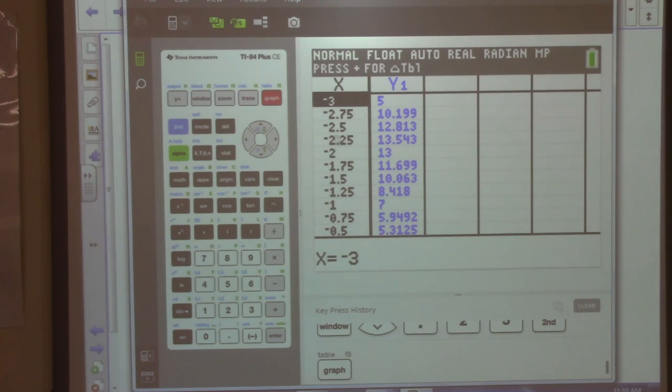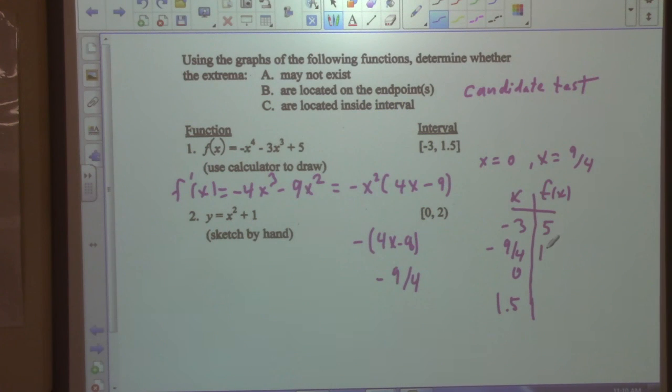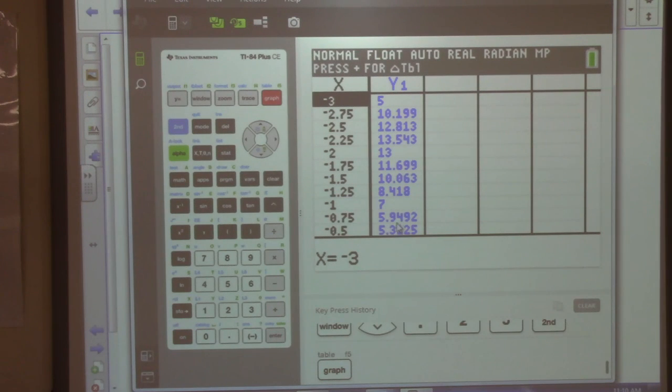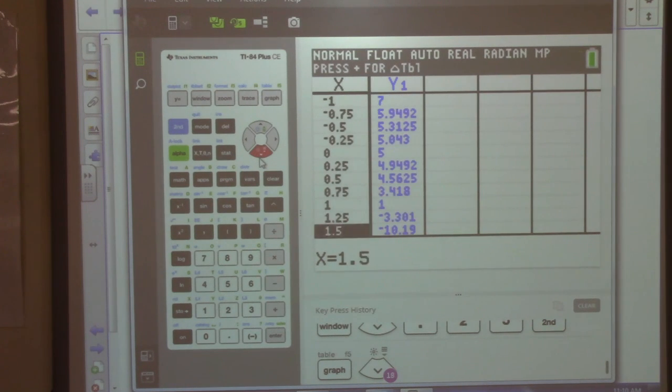So negative 9/4 would be right there, 13.543. And then at 1.5, what is it? Negative 10.19, okay.